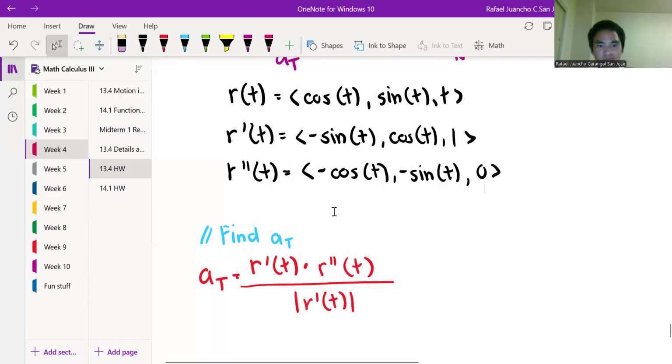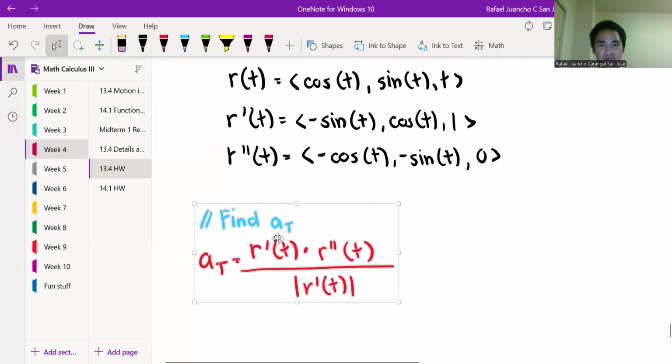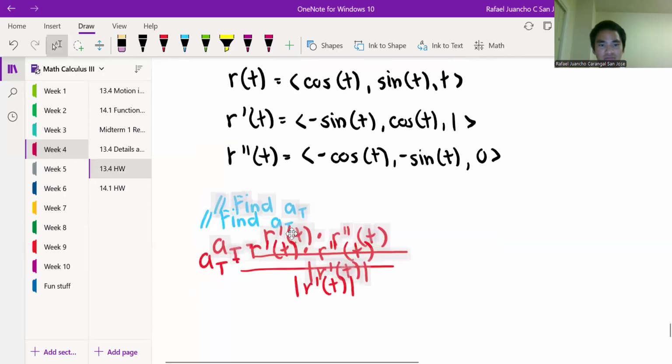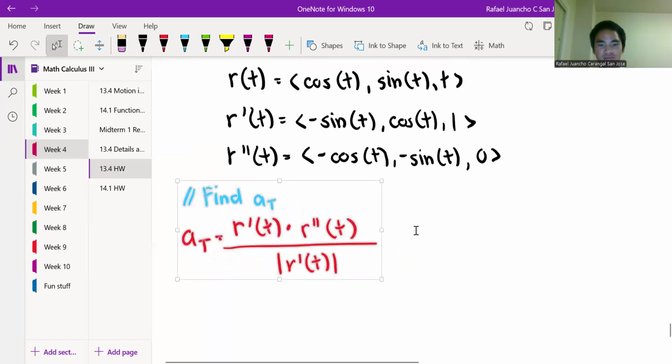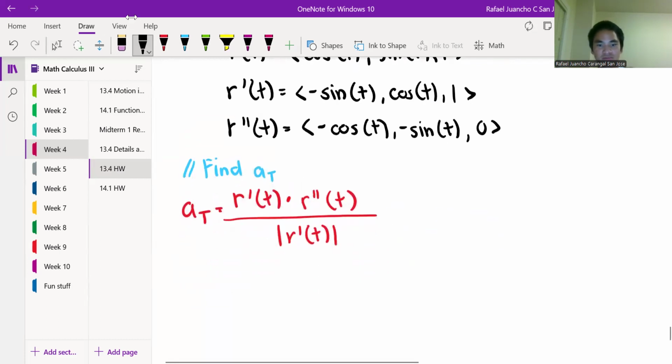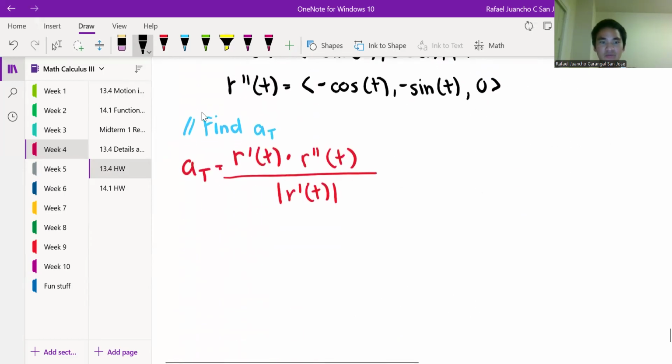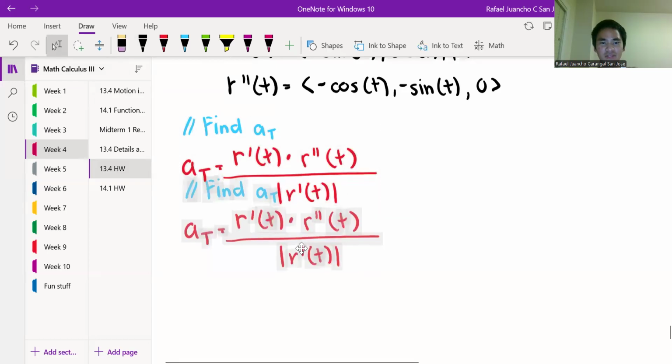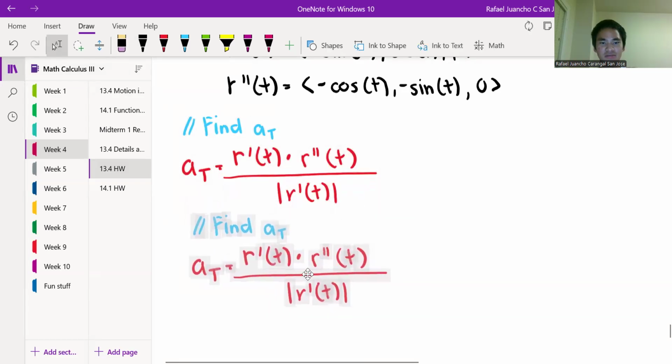Okay. I guess I could compute the dot product. Not sure if I need to. Okay, I guess I could. Yeah, you know what? I'm gonna compute it right now. Okay, let's compute my dot product.